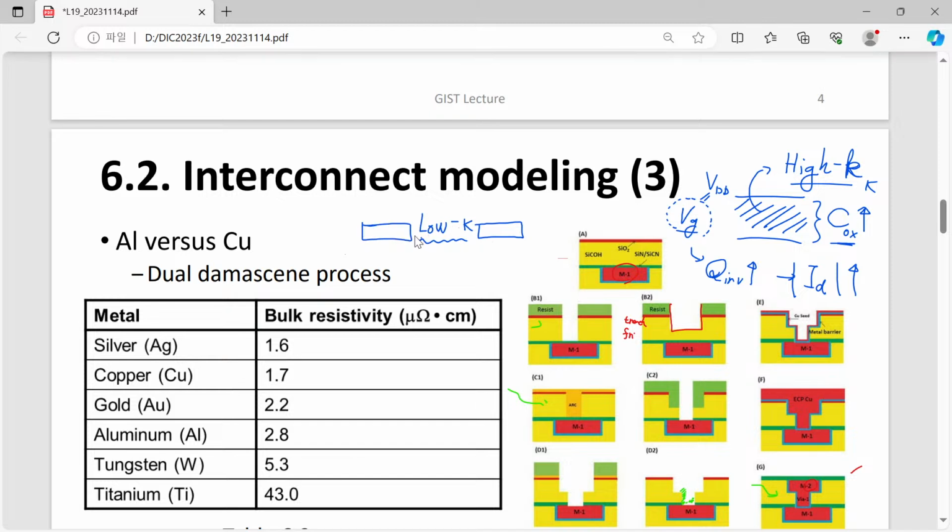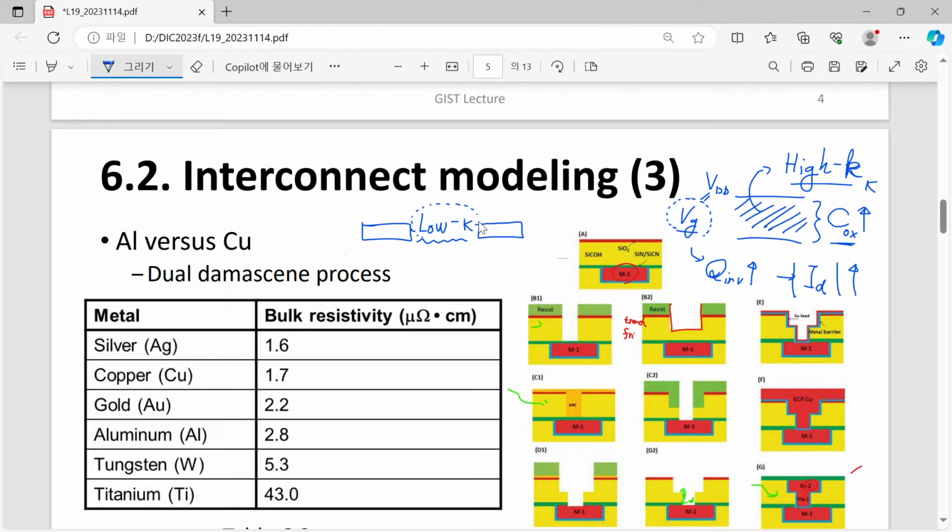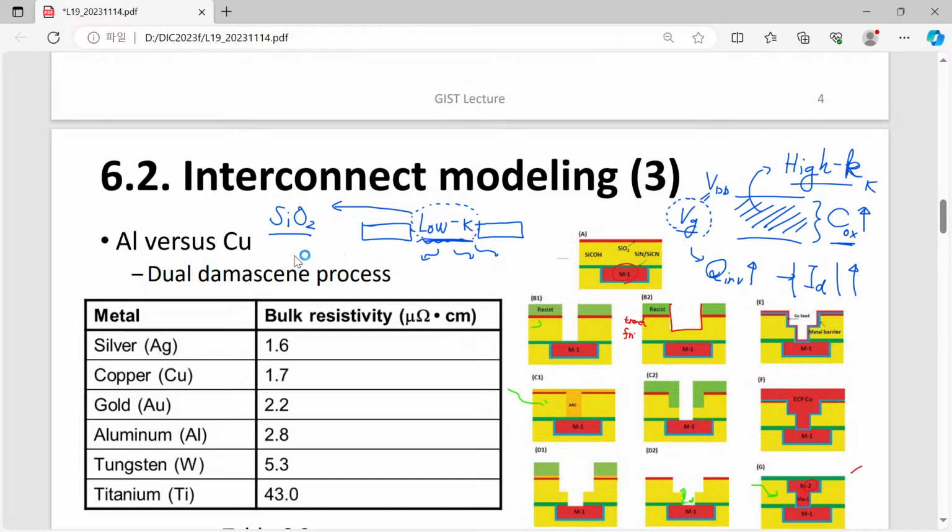Okay, so maybe you have already heard about this kind of story. Then I just briefly mention how we can introduce this low K material. So for low K material, the criterion for low or high is always silicon dioxide, because this is the most frequently and most easily available material.